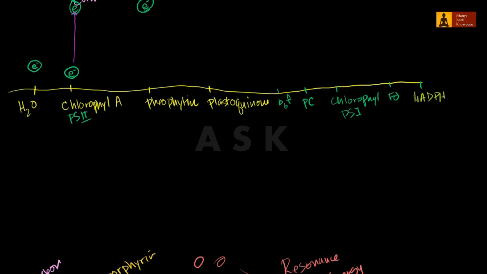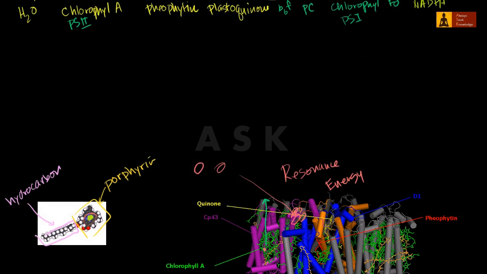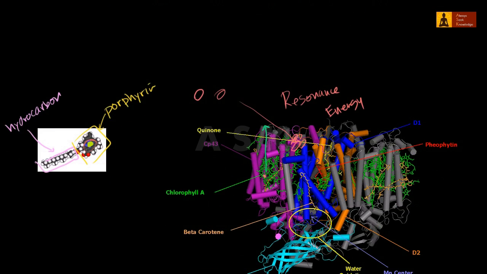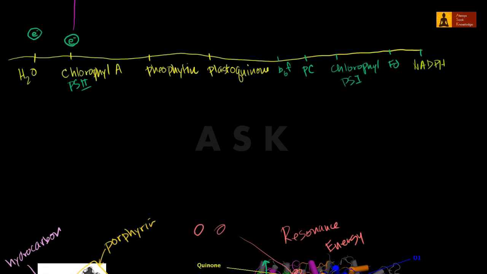It actually looks just like a chlorophyll, but it has no magnesium ion in the middle. And maybe I'm getting a little bit too into the weeds, but you actually see the pheophytin in this diagram right here. It's part of this photosystem complex.